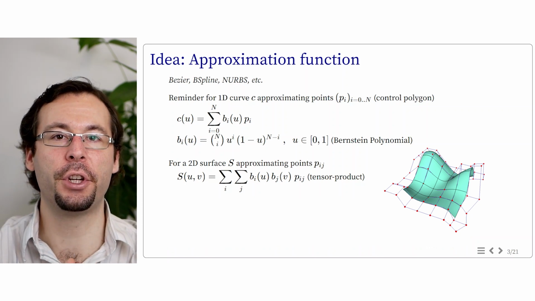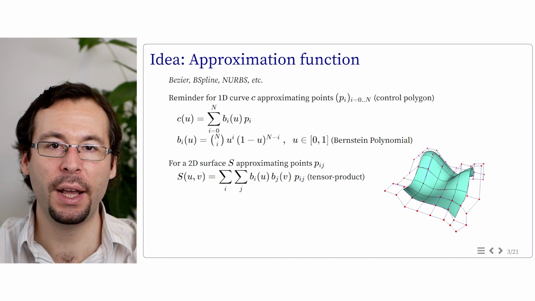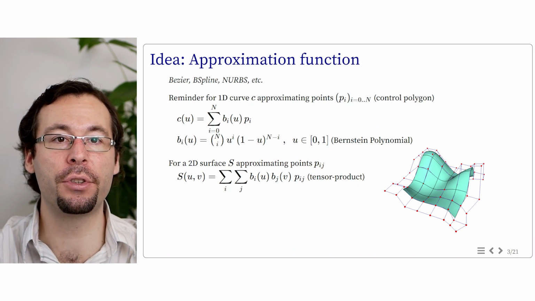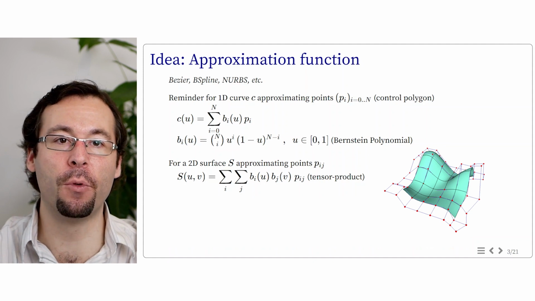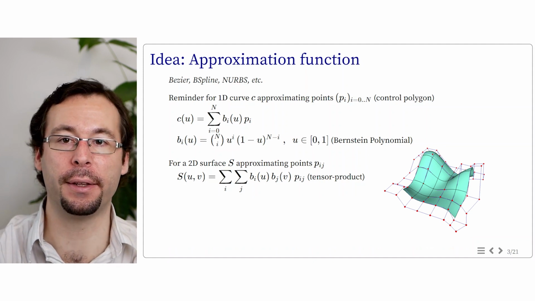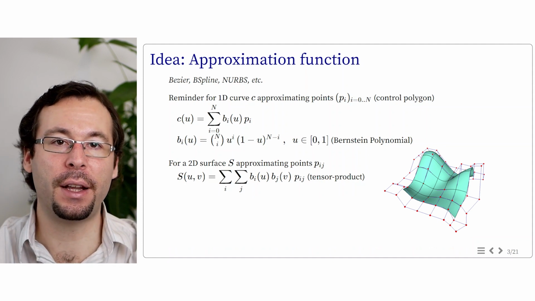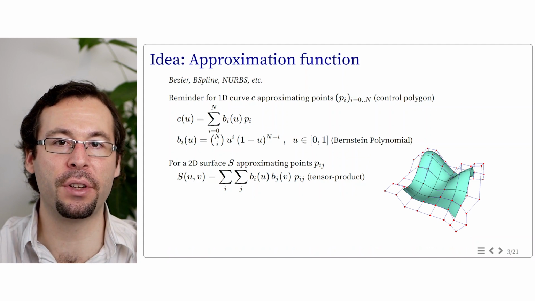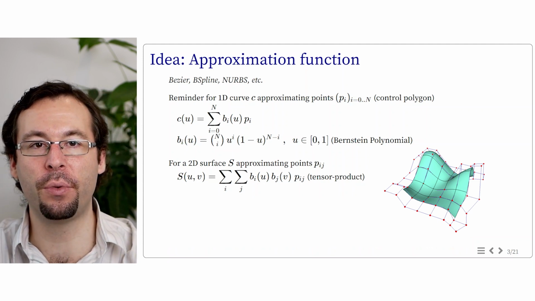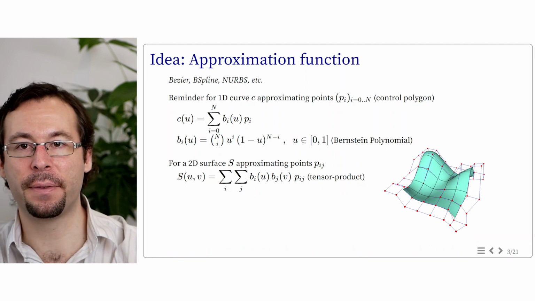And the new basis functions are actually the products of the 1D polynomials, and this procedure is also called a tensor product. This is a generic way to go from one dimension to a greater one. So similarly to the 1D case, the function S of u and v can also be understood as a 2D deformation of the unit square between 0 and 1 squared into S.